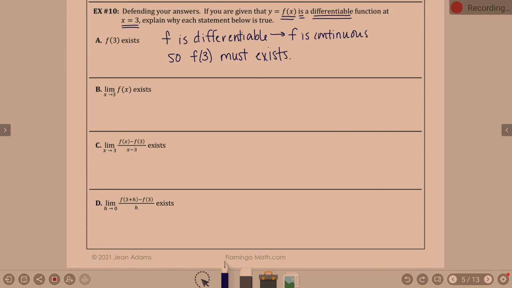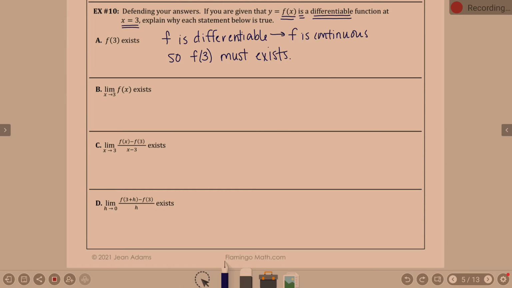Along the same lines, the limit as x approaches 3 of f of x exists. Well, what do we know? Just go back to, we know it's differentiable. That's the only given information we know. It's differentiable. But what does differentiable tell me? It's continuous. What do we know about continuity?